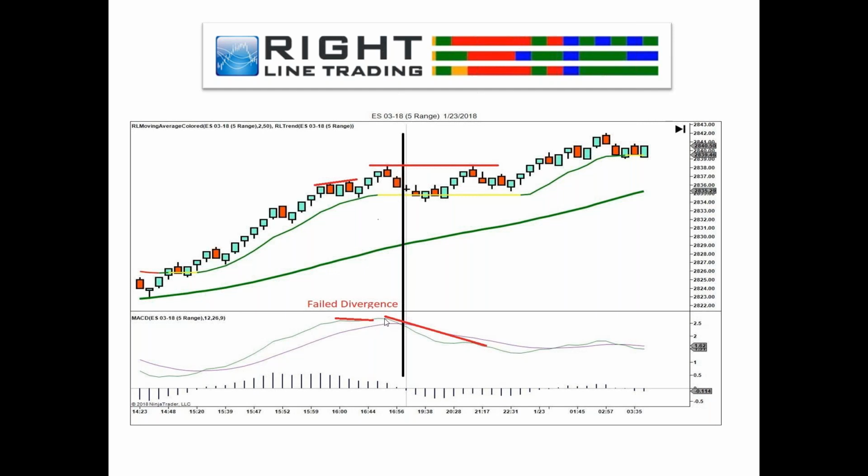We don't wait for the MACD line to cross the signal line. What we do is we look at the slope of the signal line. As long as the slope of the signal line is down, the MACD is down on our 3 line.